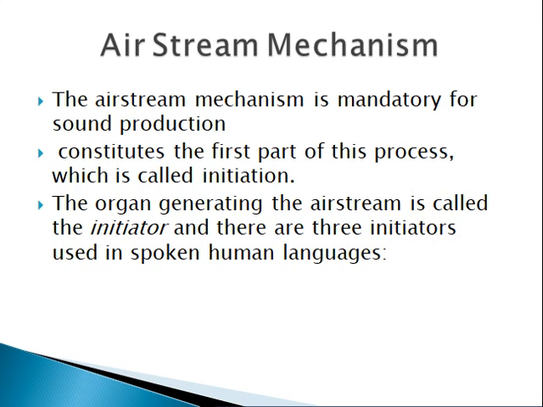Studies say that there are three types of air stream mechanisms possible for human beings. And what they say three, it is based on a concept which we call initiator. Look at the slide, you will find the word initiation and initiator. What is initiator? Initiator is any object or any force that prompts air to move.